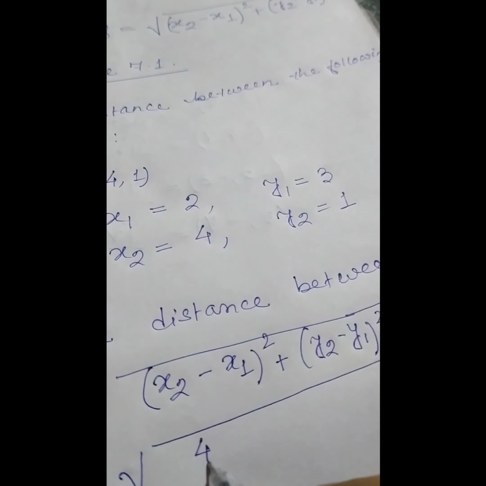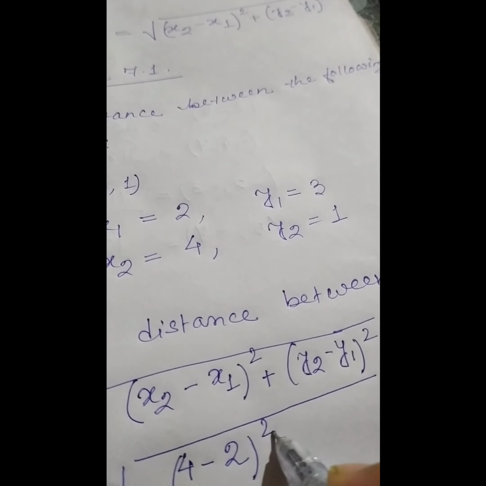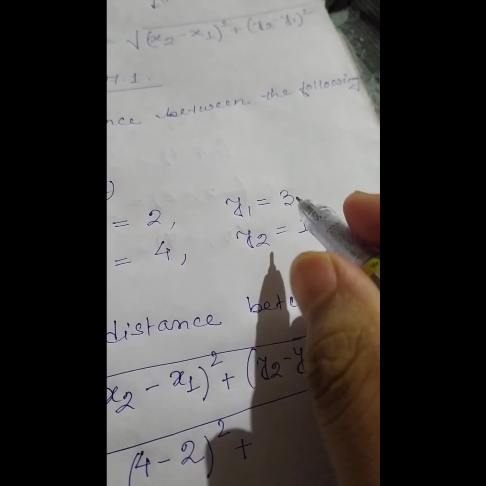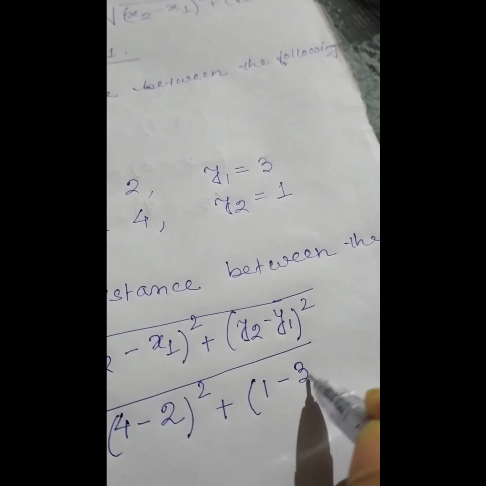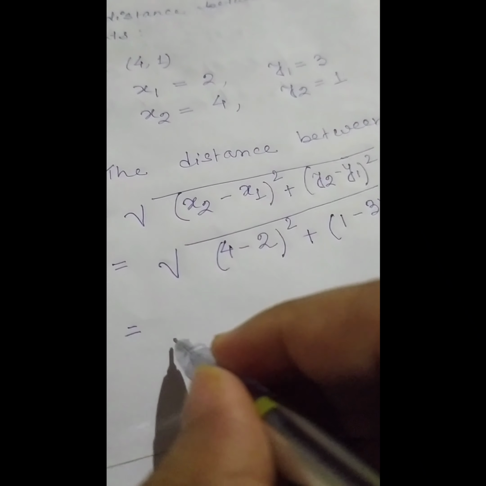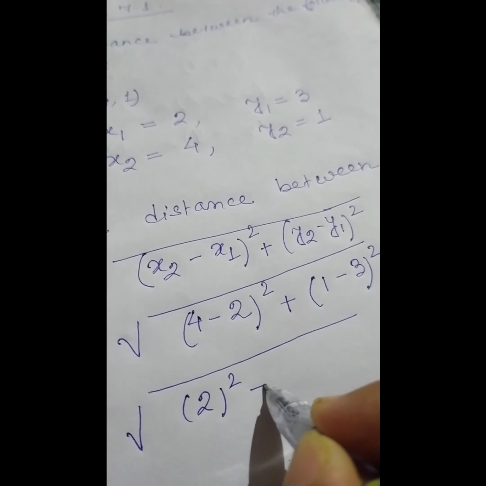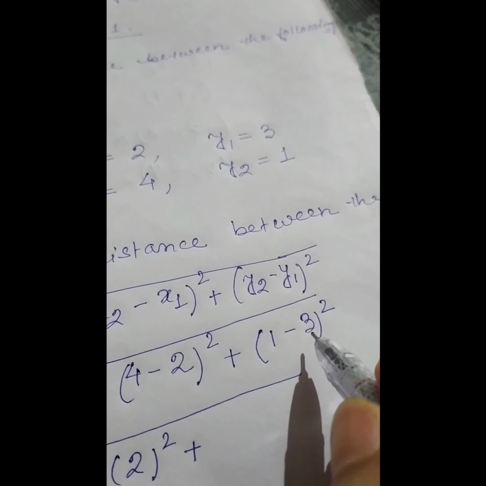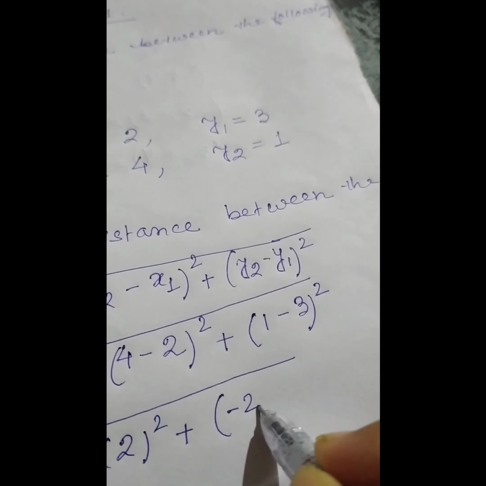So (4 minus 2) whole squared plus (1 minus 3), where the value of y2 is 1 and y1 is 3, whole squared. It is equal to root over (4 minus 2, which is 2) whole squared plus (1 minus 3, which is minus 2) whole squared.